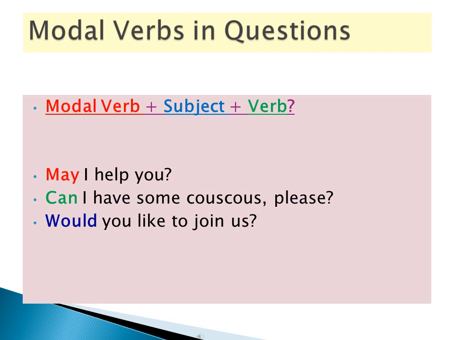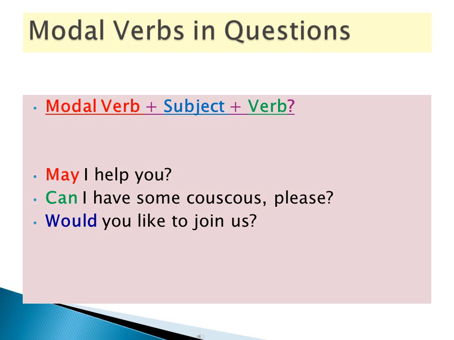Now modal verbs in questions and in interrogative, okay. So modal verb plus subject plus verb plus question mark. Notice here there is a change. في السؤال كنبداو بالمودال verb plus subject plus verb and question mark. Example: may I help you? يمكن مساعدتك. So لاحظوا هنا may, it's a modal verb, it comes at the beginning of the sentence plus subject plus verb.